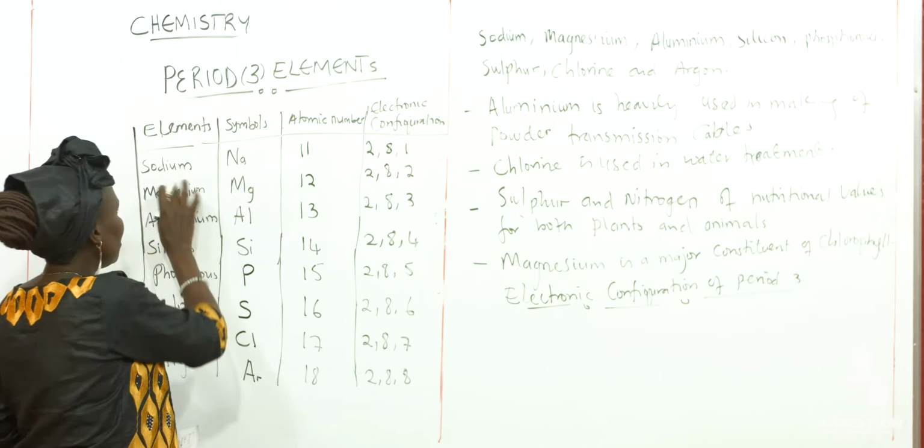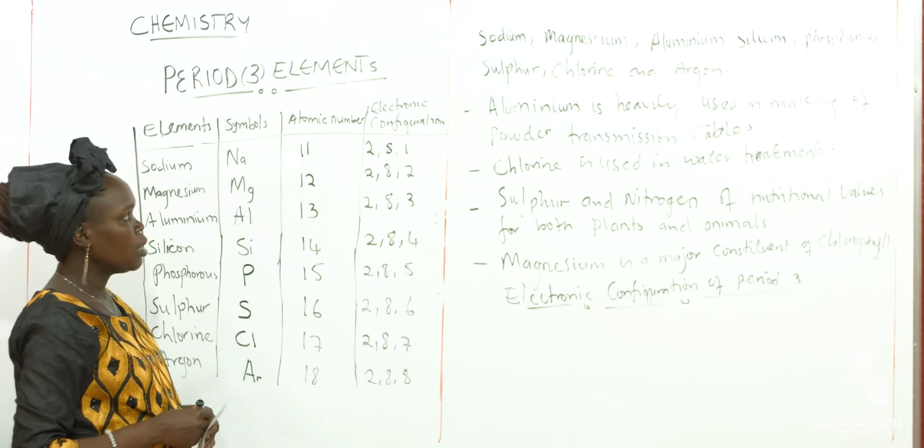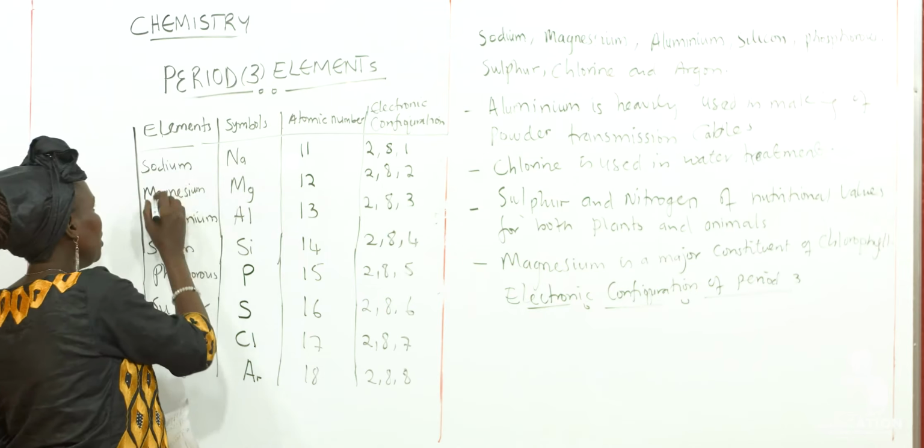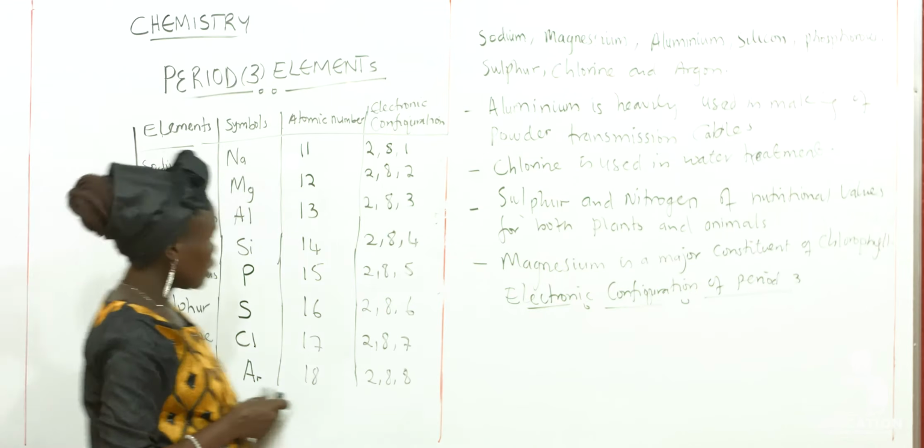So we have the first element, which is sodium. These are considered to be a metal.